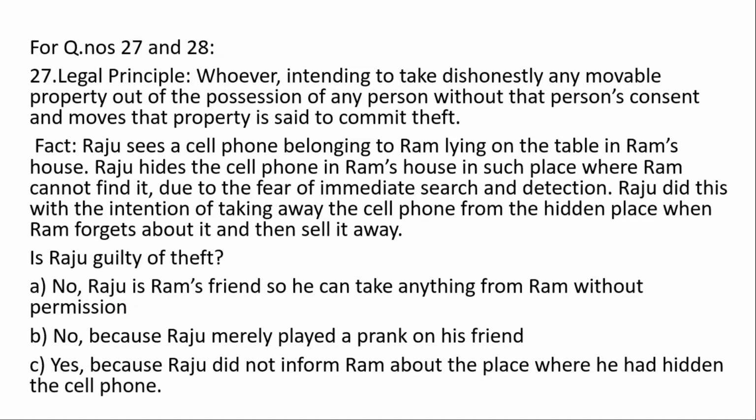So for questions 27 and 28, I have given legal reasoning, with a principle: whoever, intending to take dishonestly any movable property out of the possession of any person without that person's consent, moves that property, is said to commit theft.